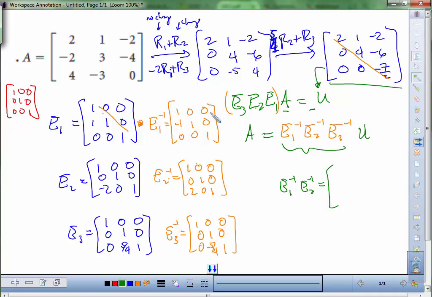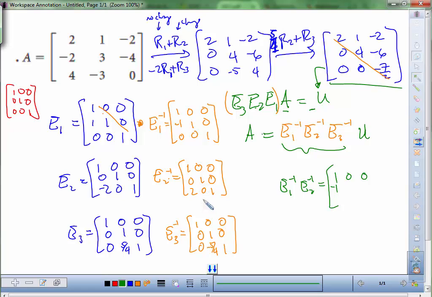I'll take the first row, and the first column would be 1. The first row, second column would be 0. The first row, third column would be 0. Second row of E1 and first column, that's -1, 0, 0, -1.